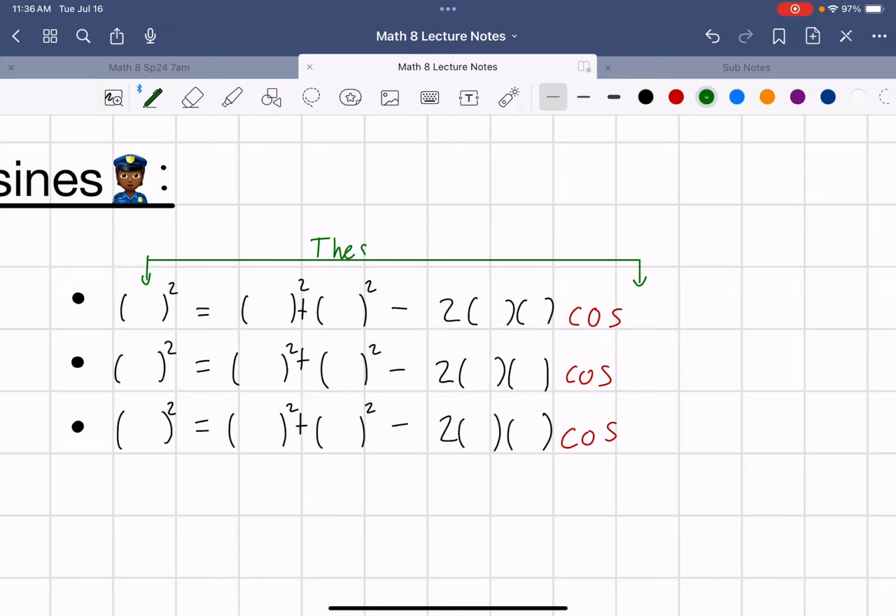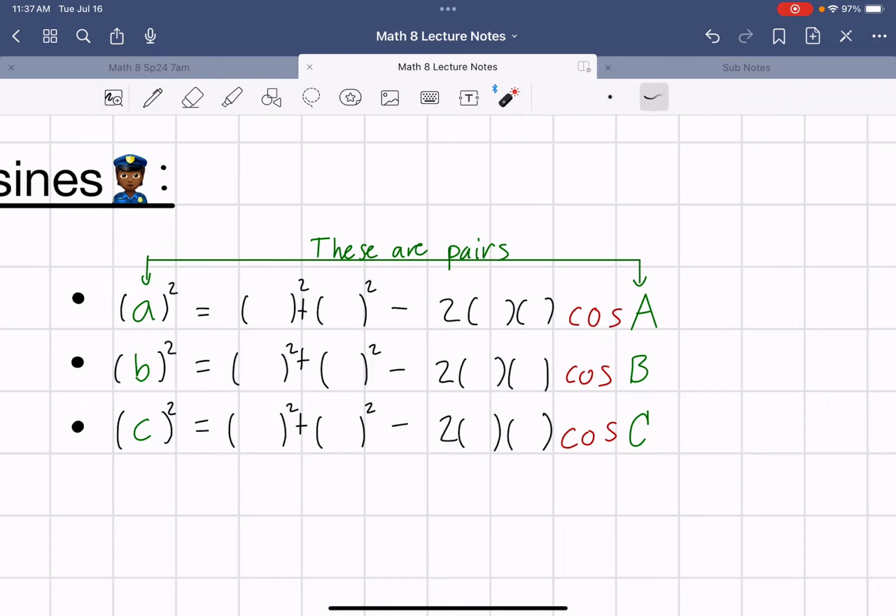When I say pairs, I'm saying this cosine has the angle, and on the other side of the equation, we have the side that corresponds to that angle. And that's going to be true for all of these. So here's the angle, there's a side that corresponds to it. Here's my angle, there's a side that corresponds to it. That's what I'm saying, there's really only one format, but I'm doing this format for each angle. That's why it makes three.